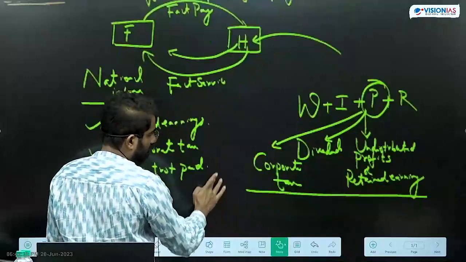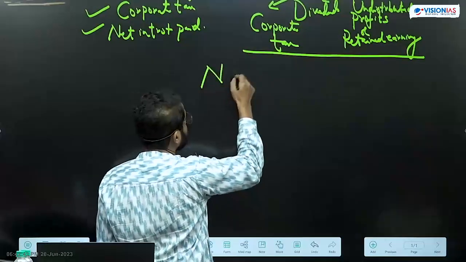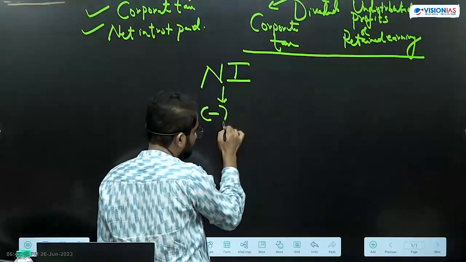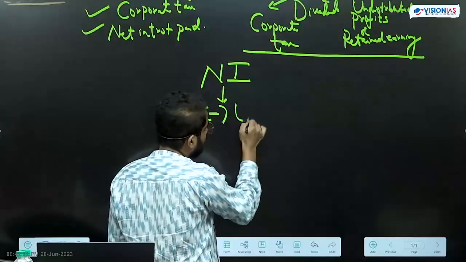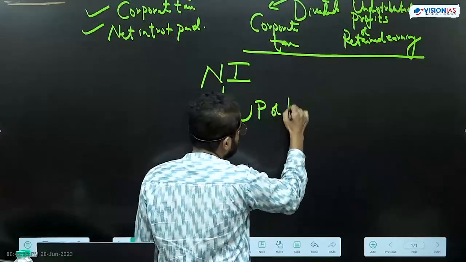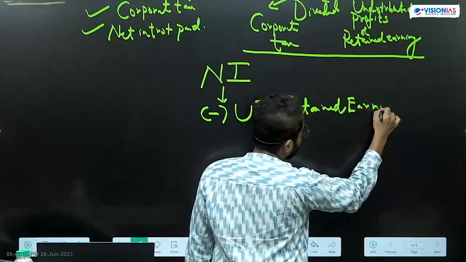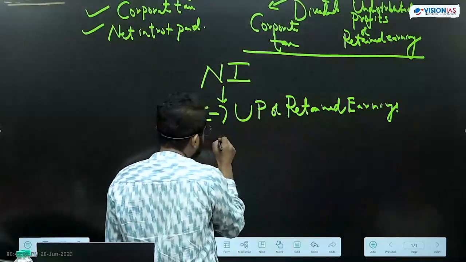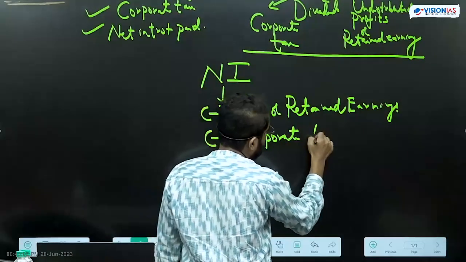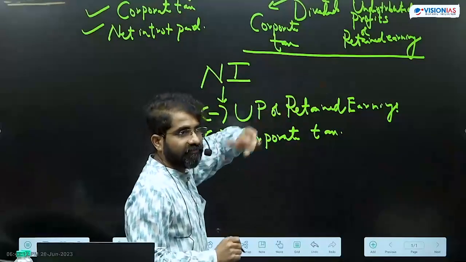So if you have understood this, if I have national income in hand, from national income I have to deduct undistributed profits, or retained earnings. Then I also have to subtract corporate tax, because this is going to the government, not to the hands of the household.